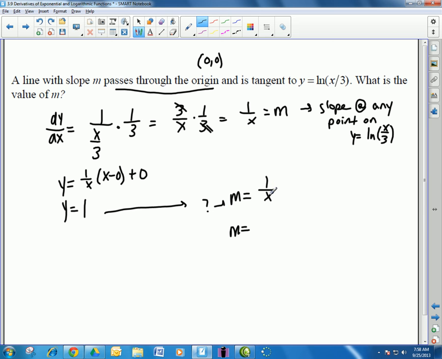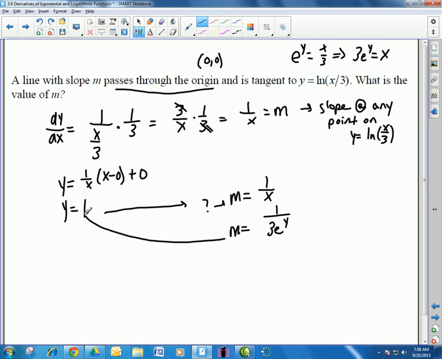So a roundabout way of finding this is take your equation and solve for x. So you take e to each side, gets rid of the natural log, and you just have x over 3. And then multiply each side by 3. And so it's 3 e to the y, that's equal to x. And we can plug that in down here. So it's 1 over 3 e to the y.